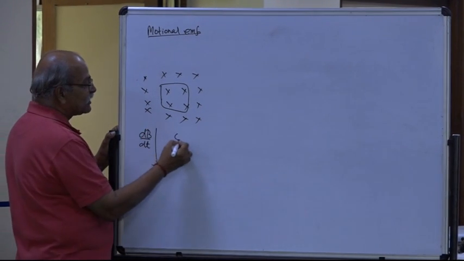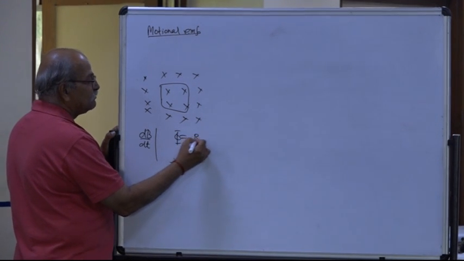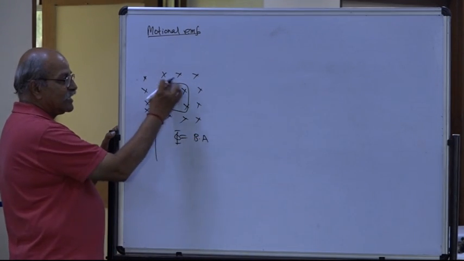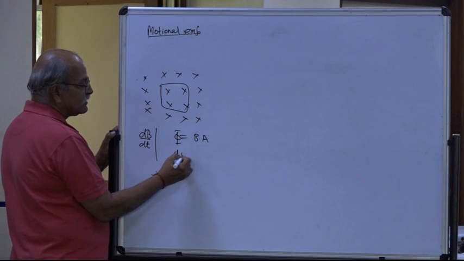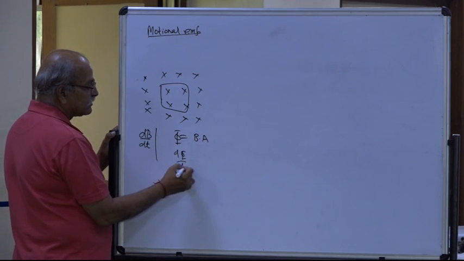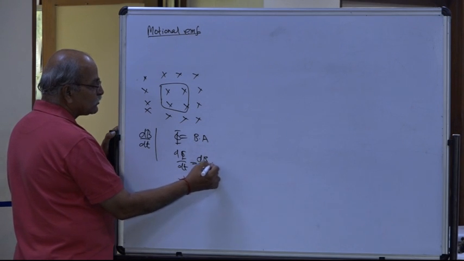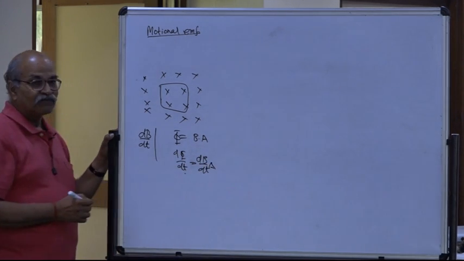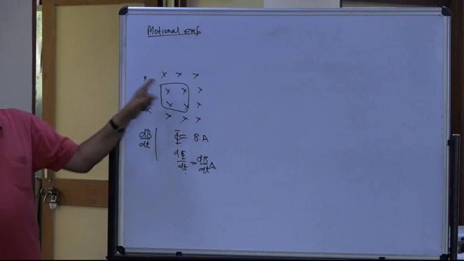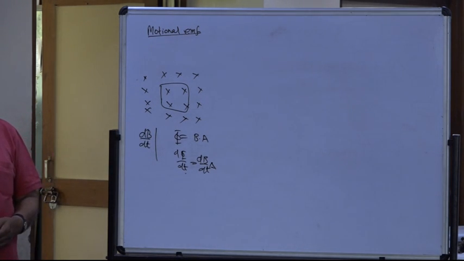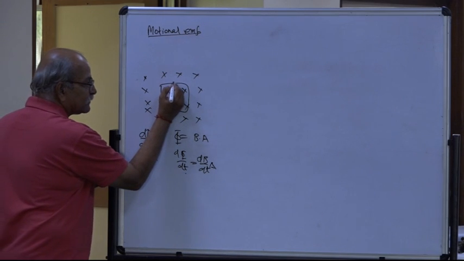Then also the flux is B into area. Now the area is fixed, and dφ/dt is dB/dt times area. So the flux is changing with time. There is an EMF and there is a current I.